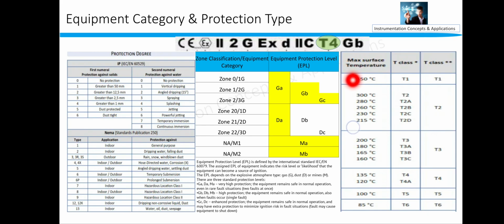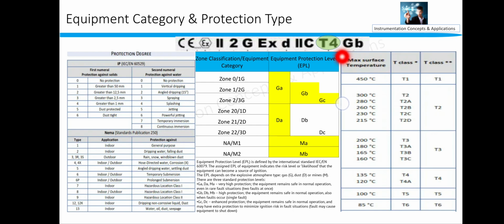The assigned EPL of equipment indicates the risk level or likelihood that the equipment can become a source of ignition. So the EPL depends on the explosive atmosphere type. If that is gas, then it stands for G. If dust, then D, and M for mines. If it is mentioned as G, that means it is present in gas.